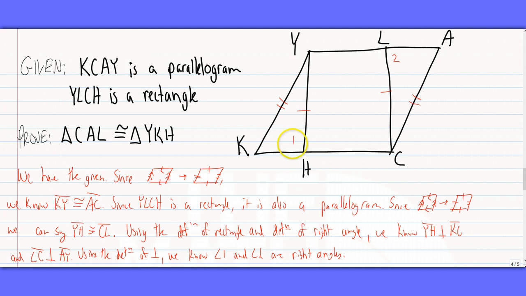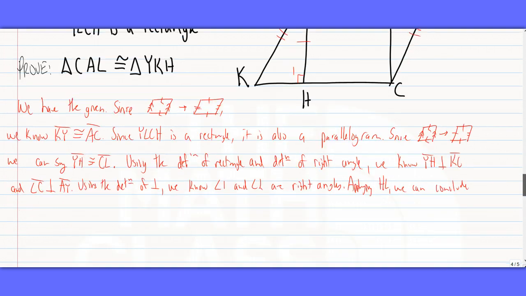All that's important is that we do have some right triangles. And now I don't have side-side-angle, but I do have hypotenuse leg. So applying HL, we can conclude triangle CAL is congruent to triangle YKH.